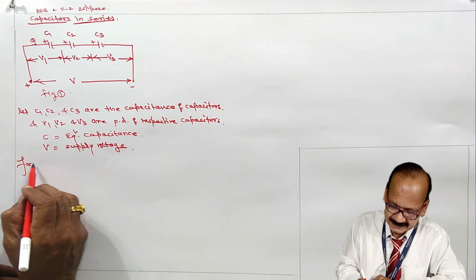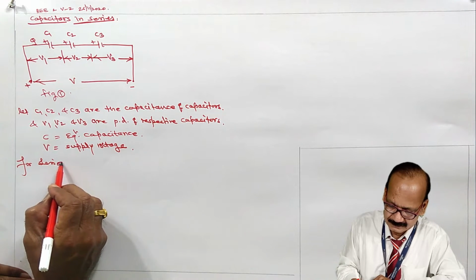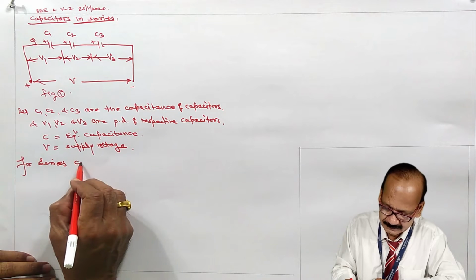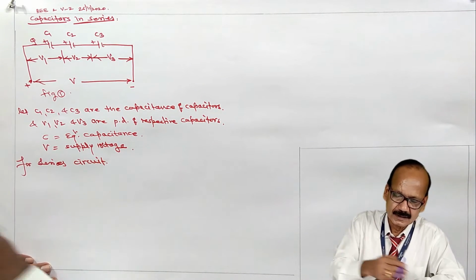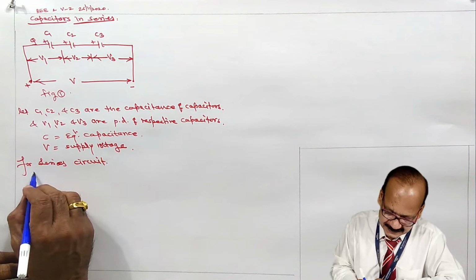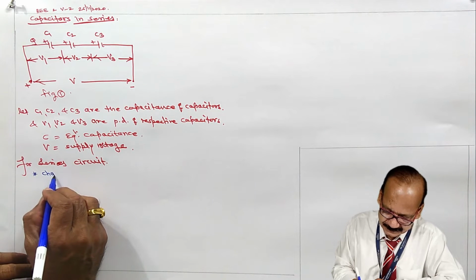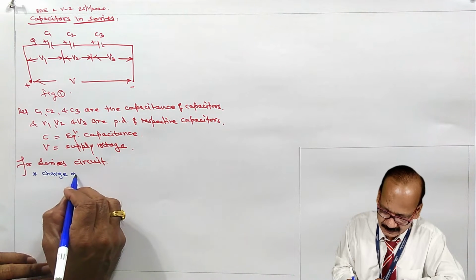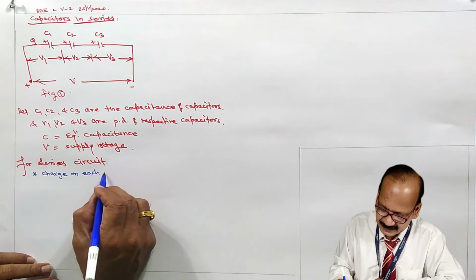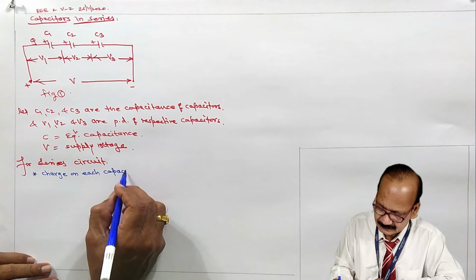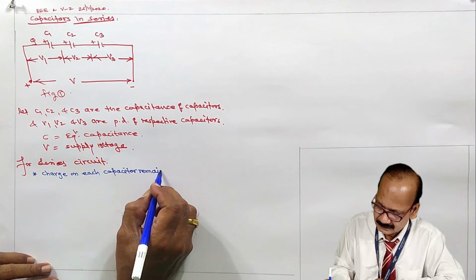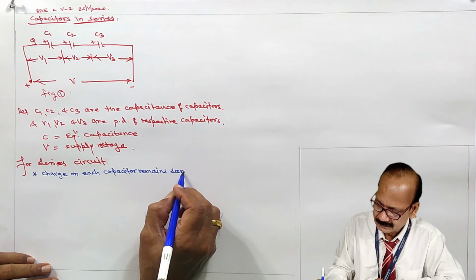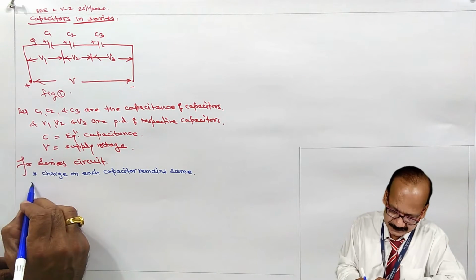For a series circuit, the charge on each capacitor remains the same.